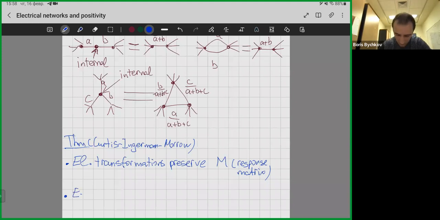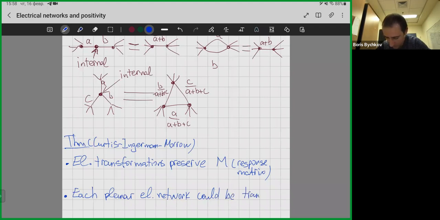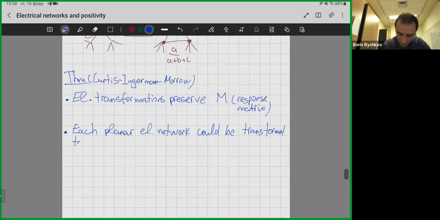So each planar electrical network could be transformed to the minimal one by electrical transformations.